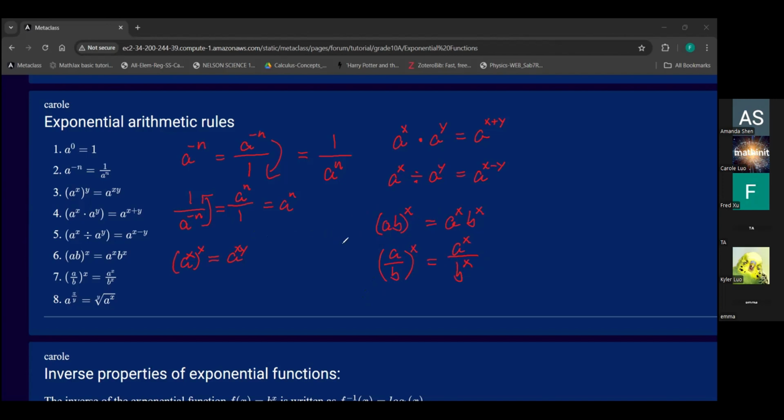And now for the last one, this is a to the power of a fraction. This is when the exponent is a fraction, so in this case, this is x over y.